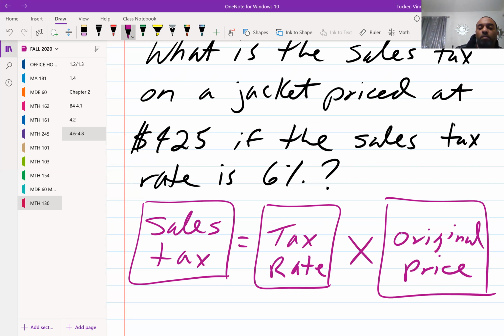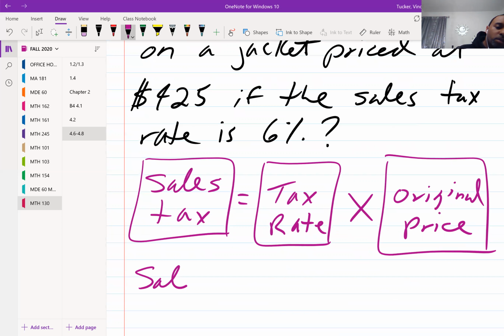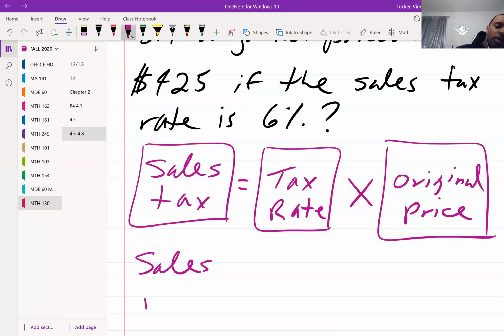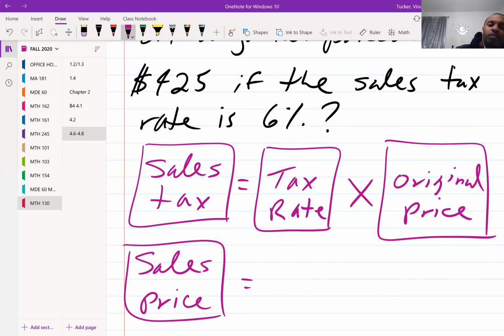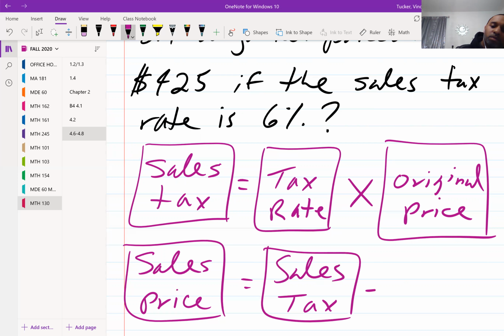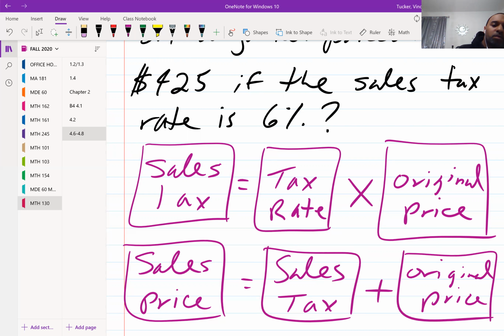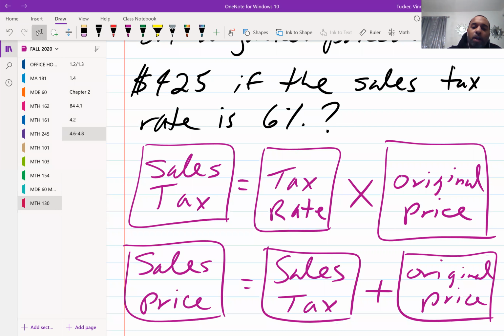And just in case they ask, we do sales price. If they ask for the sales price, this one doesn't, but we can do it anyway, you would take the sales tax and then add that to the original price.